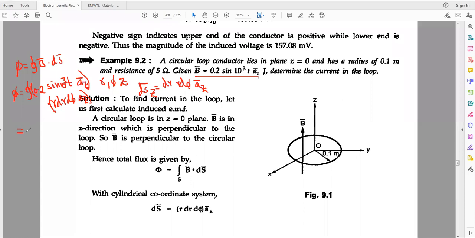Now AZ bar dot AZ bar is equal to 1, and the induced total flux phi is equal to 0.2 integral R sine 10 cube into t dr d phi.